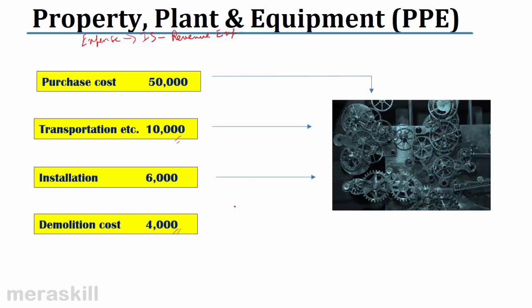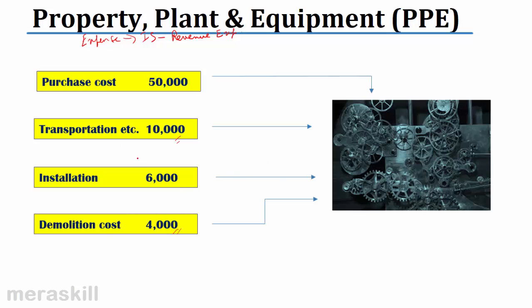Though it has nothing to do with the machinery as such, it would still be added to the cost of the machinery. Why? Because unless that is done, my machinery cannot be made ready for use.